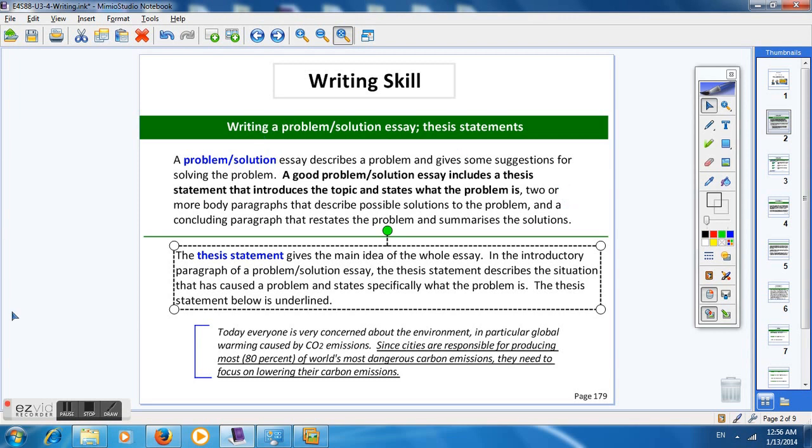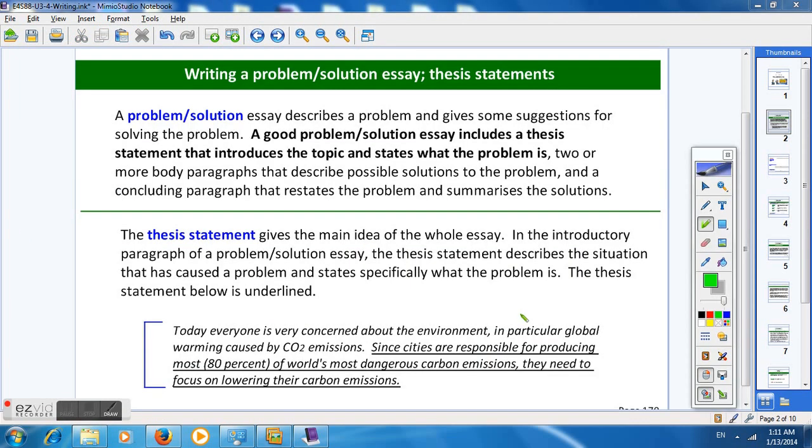So the thesis statement gives the main idea of the whole essay. In the introductory paragraph of a problem solution essay, the thesis statement describes the situation that has caused the problem and states specifically what the problem is. The thesis statement below is underlined. Okay, allow me to read to you the thesis statement.